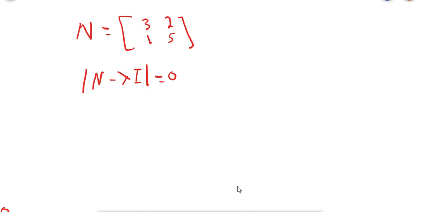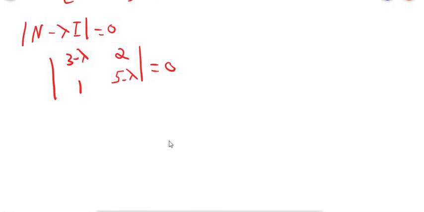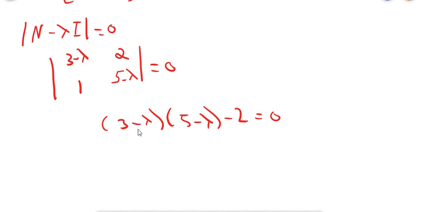It will be the determinant of [3 minus lambda, 2; 1, 5 minus lambda] equal to 0. By cross multiplication, it will be 3 minus lambda times 5 minus lambda, minus 2, equal to 0.